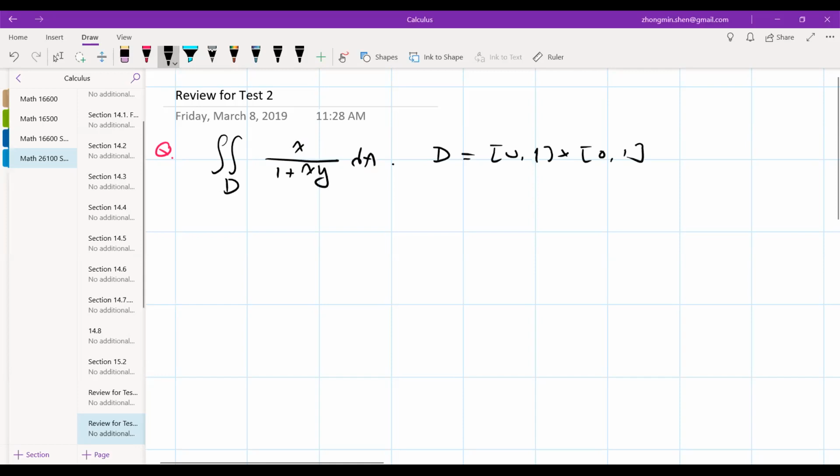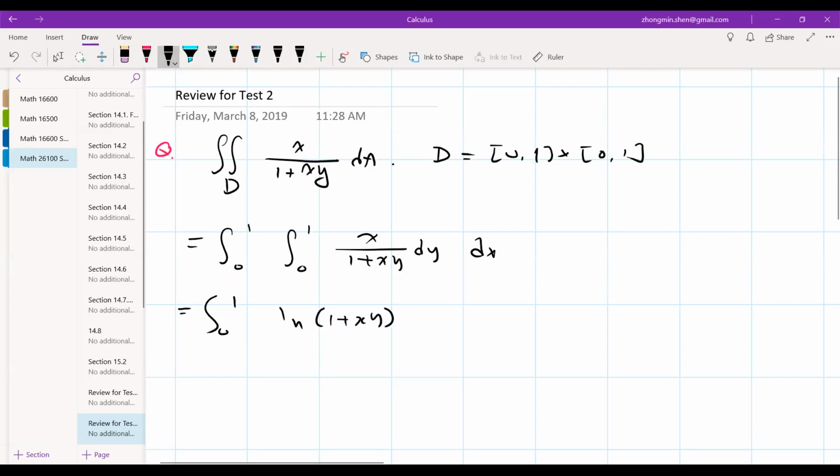But when you look at this, I prefer to use the y variable inside and the x variable outside. So the antiderivative of this function will be natural log of 1 plus xy. When you differentiate with respect to y, you get x over 1 plus xy.